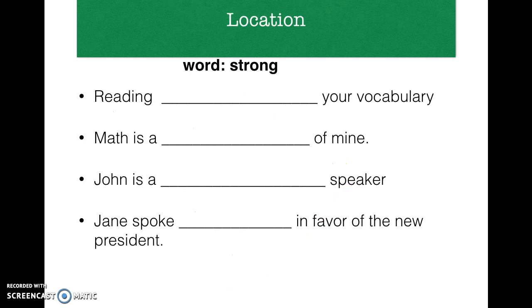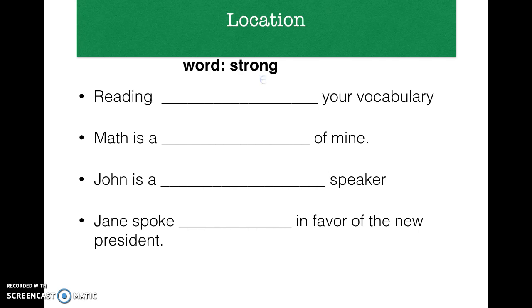Okay, so let's look. There are gaps in each of these sentences, and what I'm going to do is use the word strong to complete each of these sentences, or different forms of the word strong. So which forms would we have in each of these sentences?